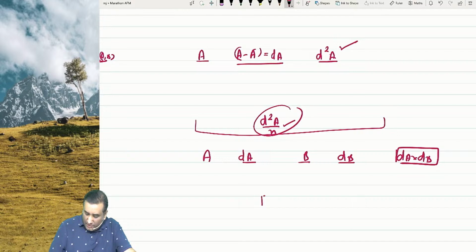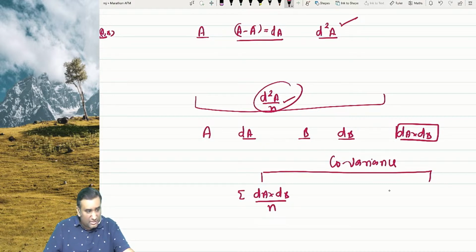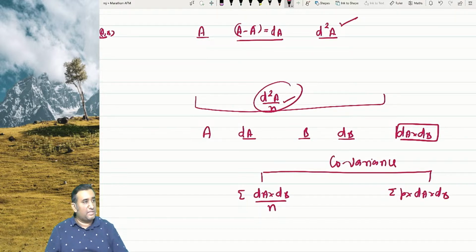The covariance formula between two numbers A and B is the summation of historical numbers dA into dB divided by N, and if there is a probability, then you will have P into dA into dB. And the easiest way to remember is, if you substitute B with A, it becomes the variance.